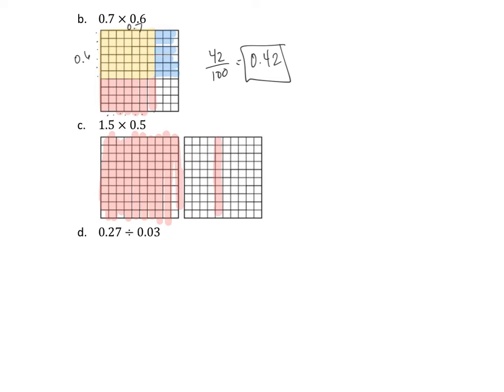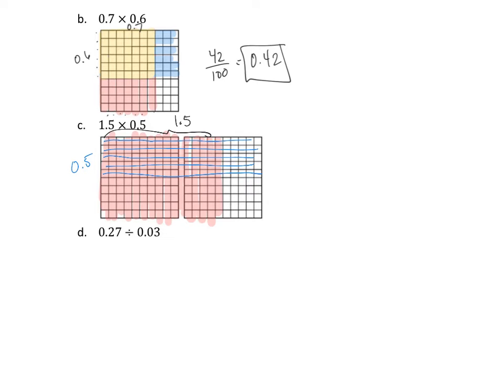Now 1.5, if we're looking at that, that just means that we have one whole and then we have 5/10 of another whole. And so altogether here, this is what we're talking about, 1.5. Now we want to take 0.5 of that, or half of that, or 5/10 of that. So we're going to go, again, the other way. 1, 2, 3, 4, 5. So we have 5/10 that way.